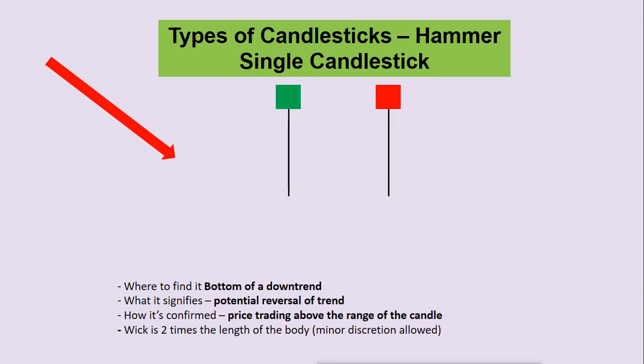A green hammer means that the price opened at the bottom of the candle and then it was pushed further downwards. In this case, it was moved all the way to the end of the black line or the wick. Then the buyers came in and pushed the price upwards. So they were outbidding the sellers. Then it moved up again and closed higher than it opened.